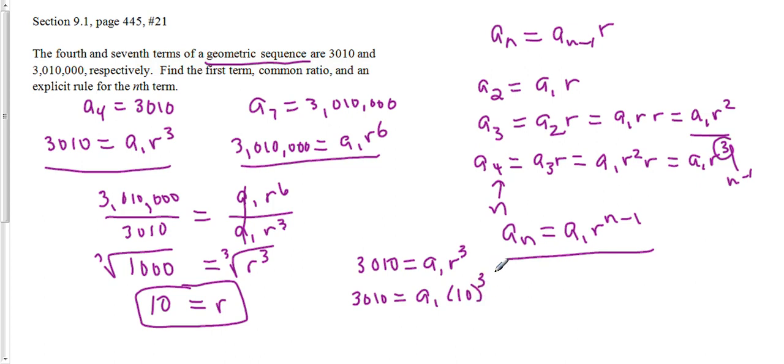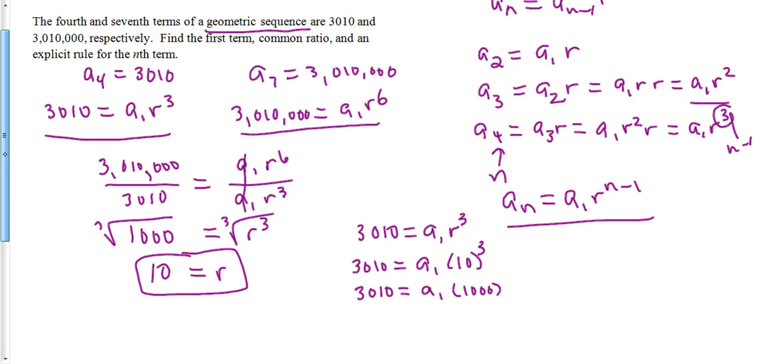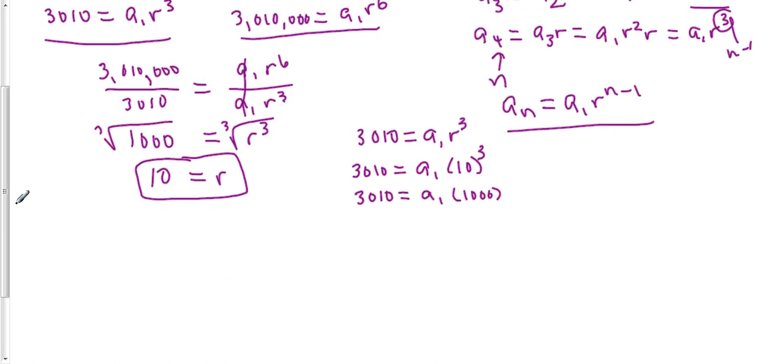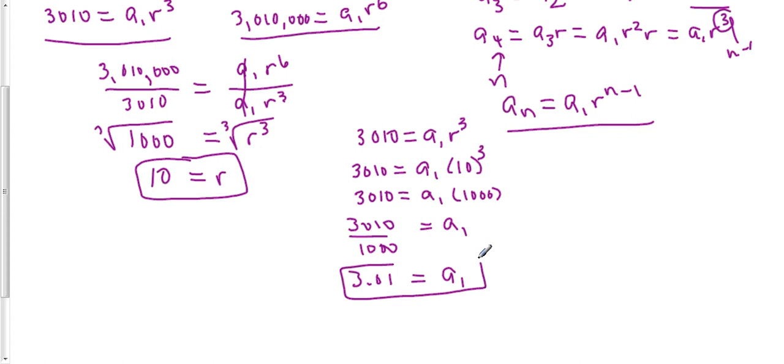We just saw that 10 cubed was equal to 1,000. So I've got 3010 is equal to A1 times 1,000. Of course, I'm going to divide both sides by 1,000, and I'm going to have A1 is equal to 3010 divided by 1,000, or A1 is equal to 3.01.